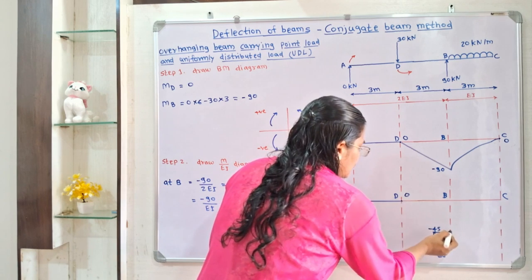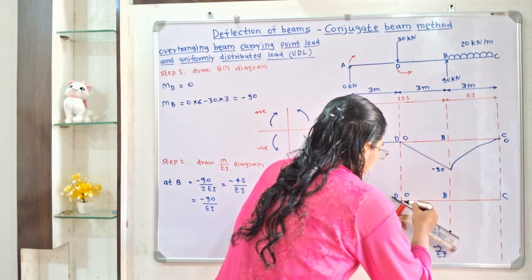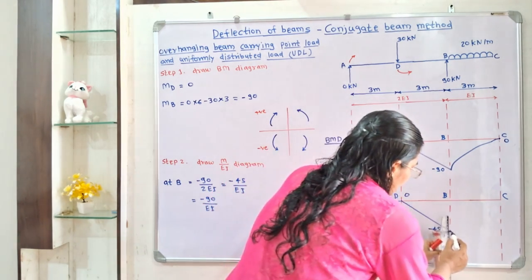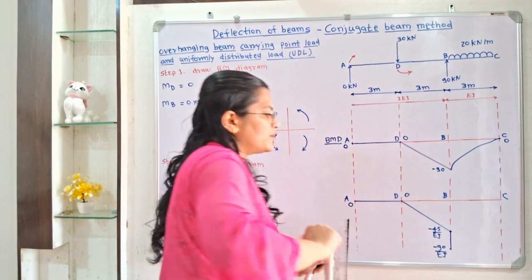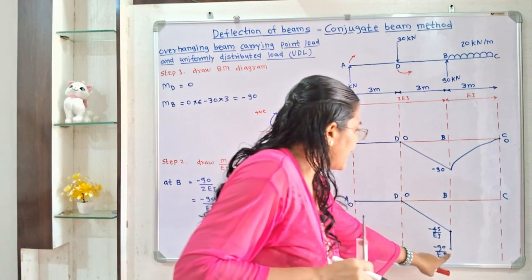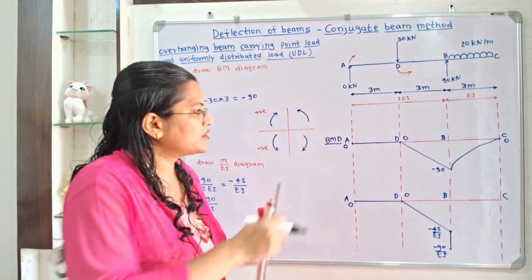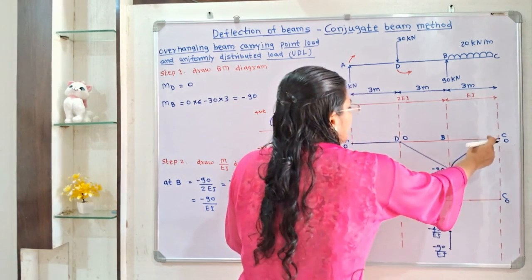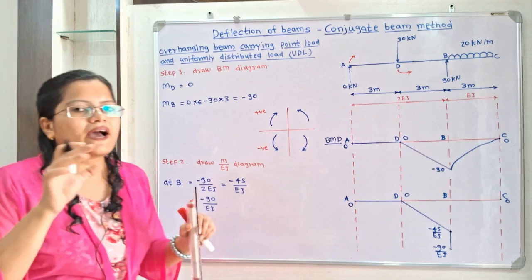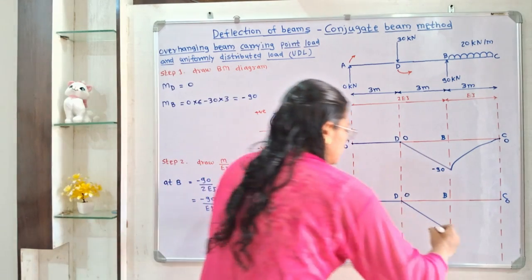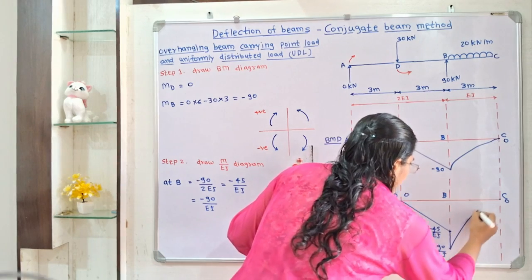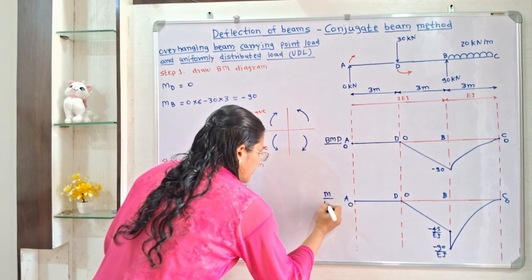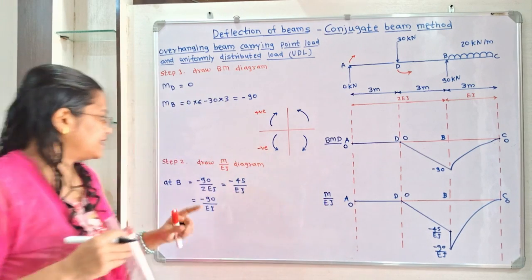Now from this 0 to minus 45 by EI, and then minus 45 to minus 90. So in this way we have to connect, and then from minus 90 to point C, because at point C it is 0, so 0 by EI is 0. So again we have to show the parabolic shape, because the part BC is having uniformly distributed load. So this is M by EI diagram. So the second step is getting completed.